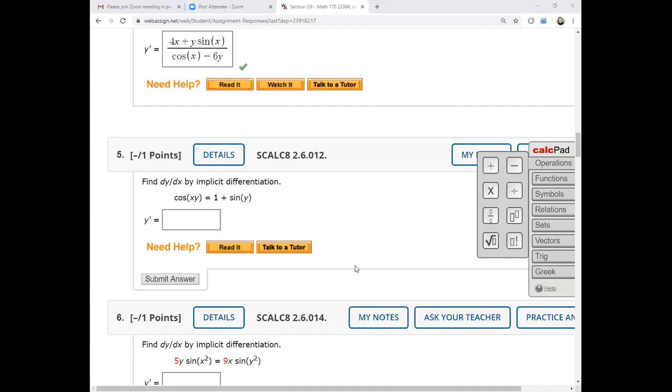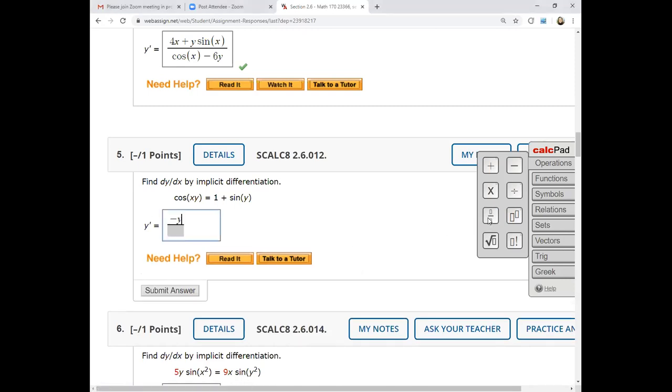Okay. Do I have my screen shared or no? No, I'm sorry, I forgot to do that. Okay, so minus 9 sine y. Let's see, I wrote this down as negative.